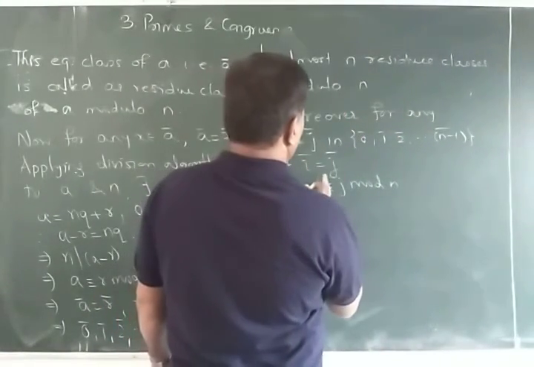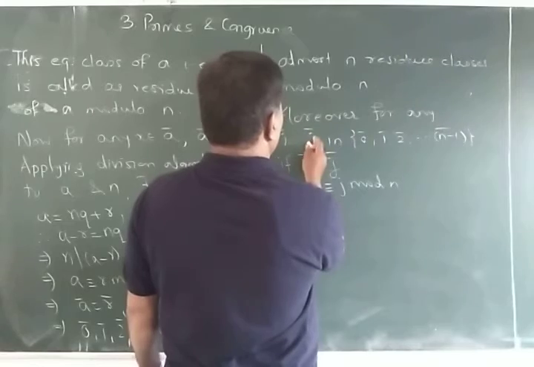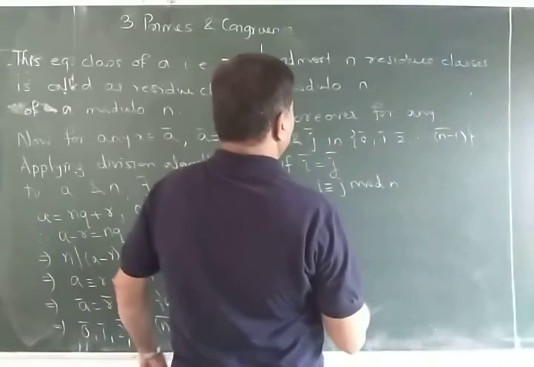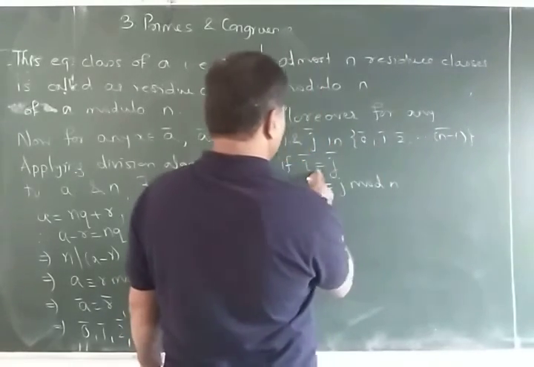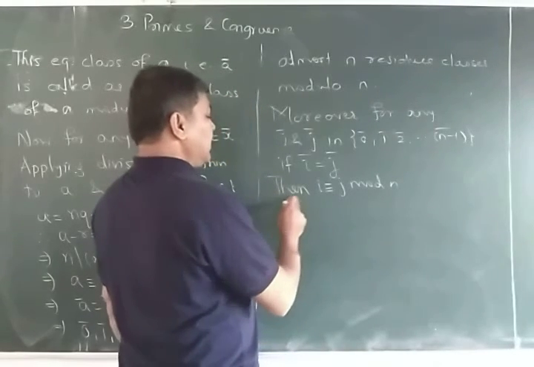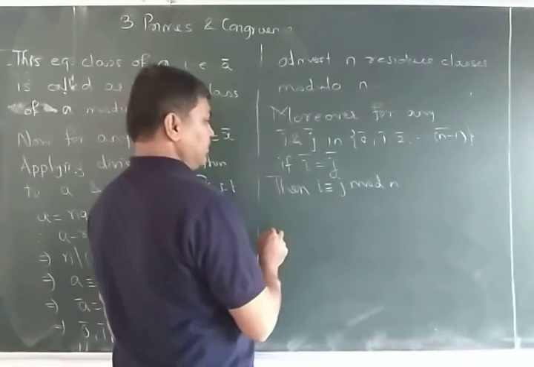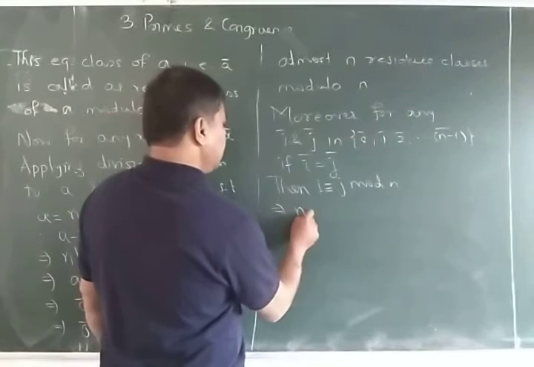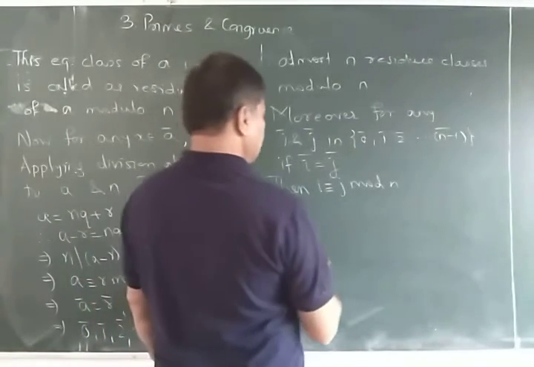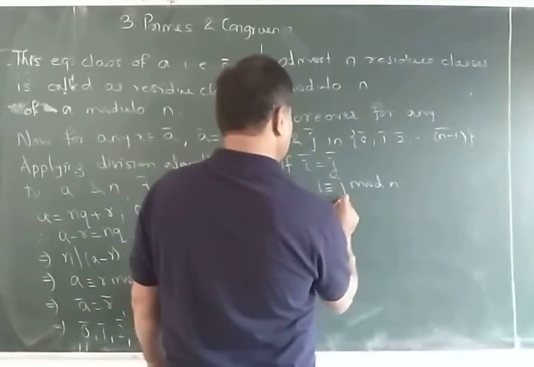If for any i bar and j bar in 0 bar, 1 bar up to n minus 1 bar, i bar equals j bar, then i is congruent to j mod n, which implies n divides i minus j.